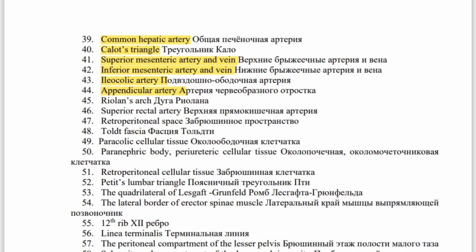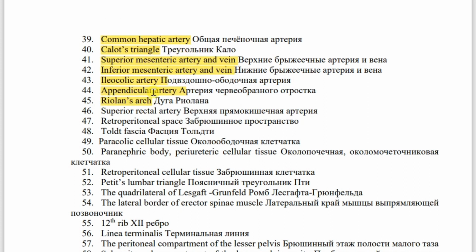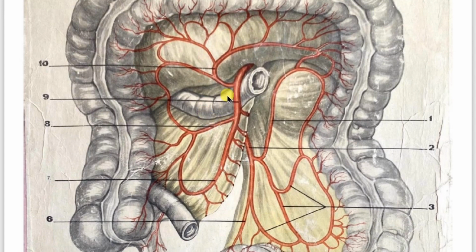So guys, next we have Riolan's arch. As you can see on this poster, let's observe this arch, how it goes. It starts near the superior mesenteric artery, as you can see, and goes towards the inferior mesenteric artery.